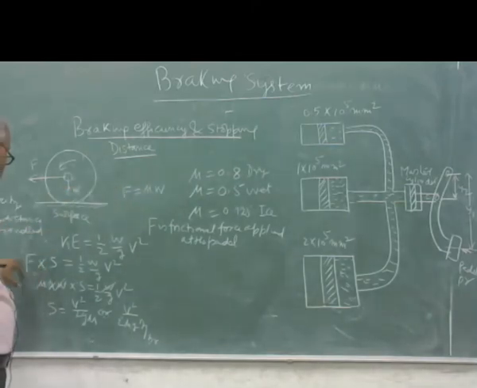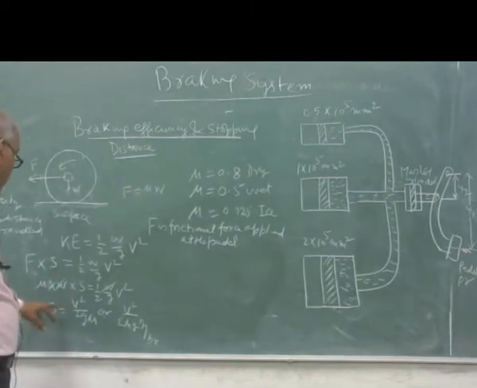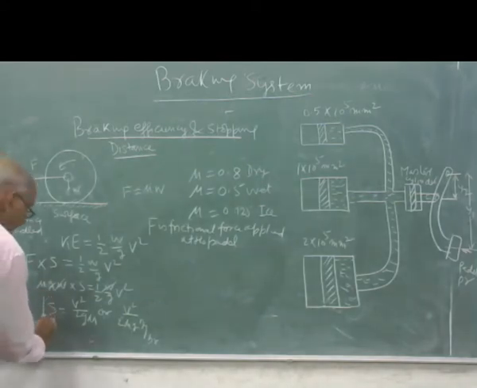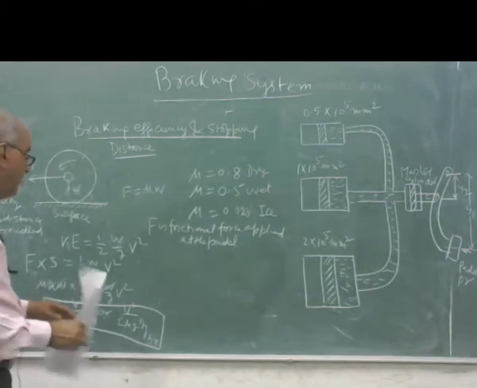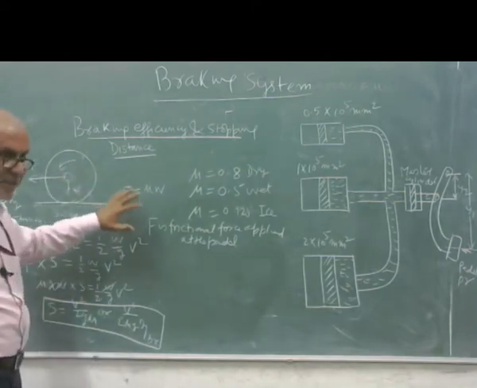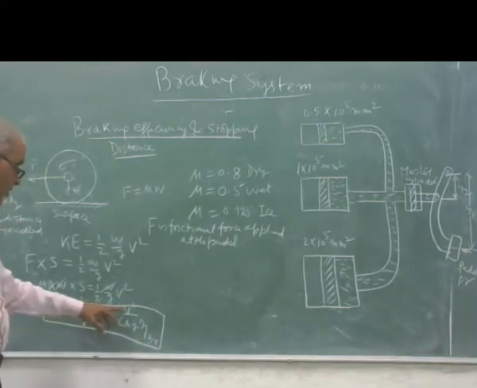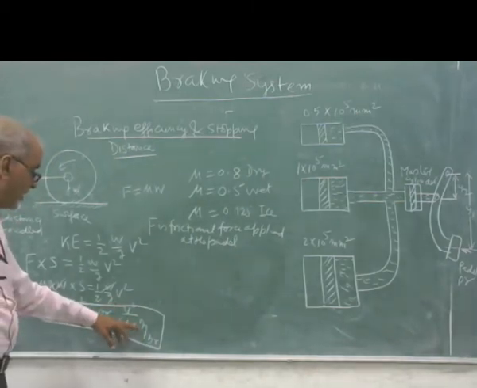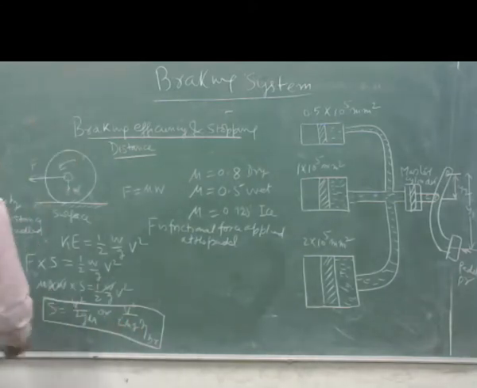Now this F is mu into W. Putting all those values, we can say that the distance traveled S by the braking system is V square upon 2 mu G into beta, where beta is the efficiency of the braking system.